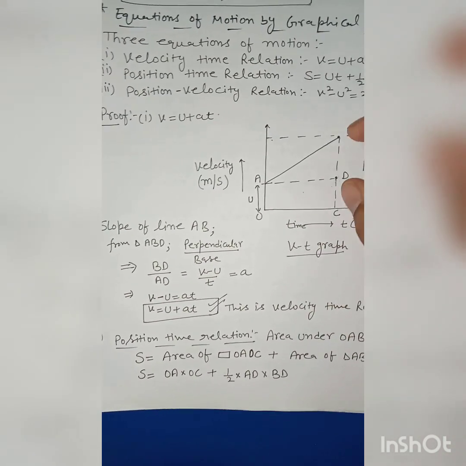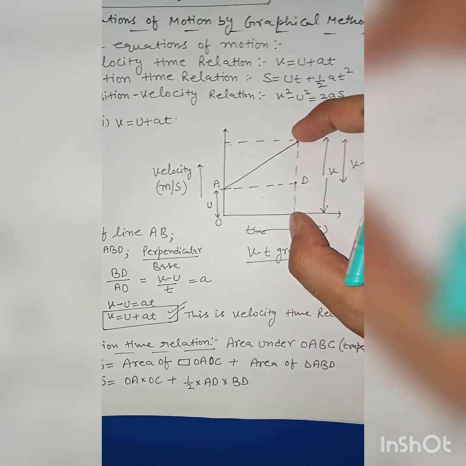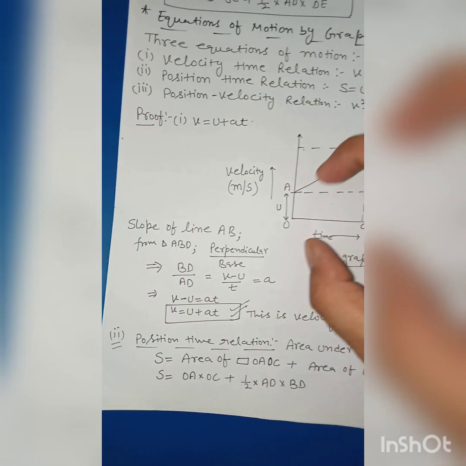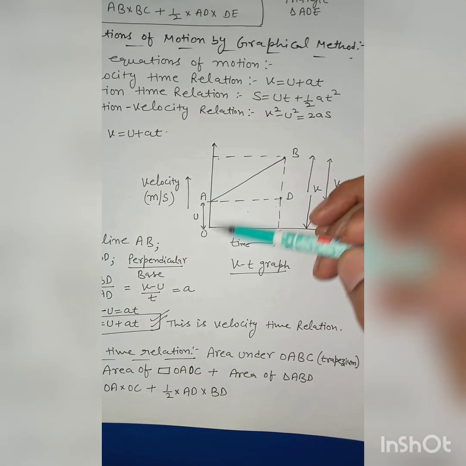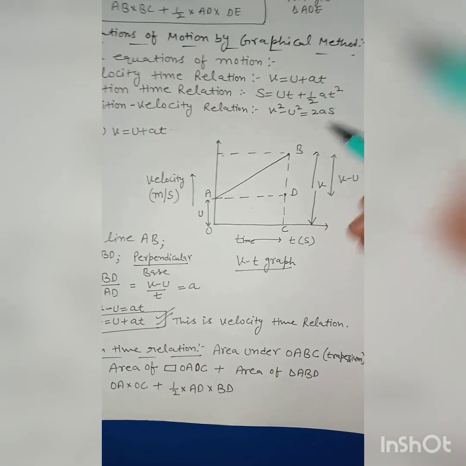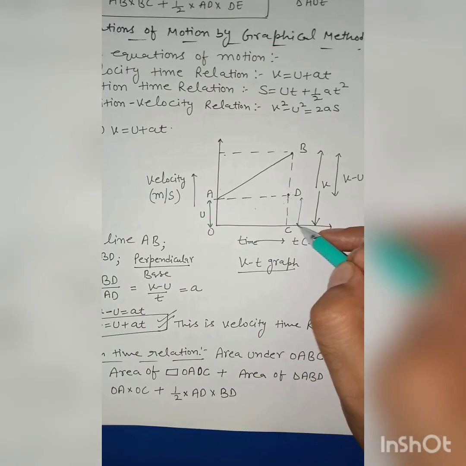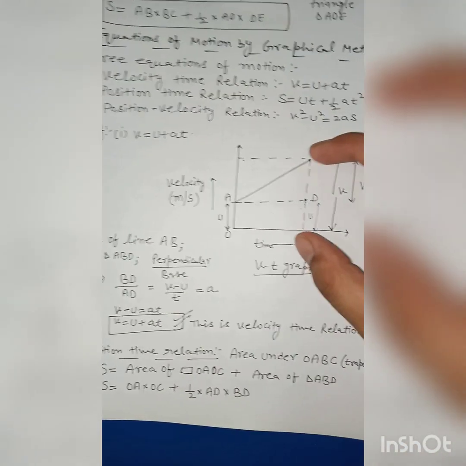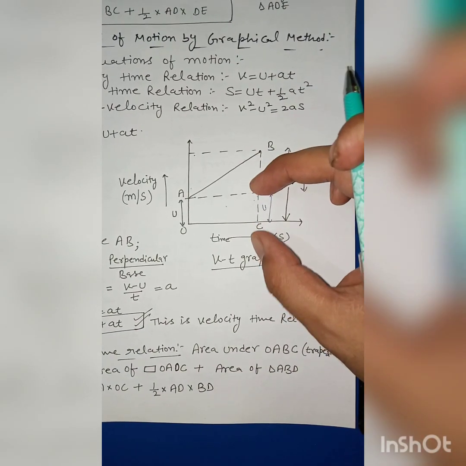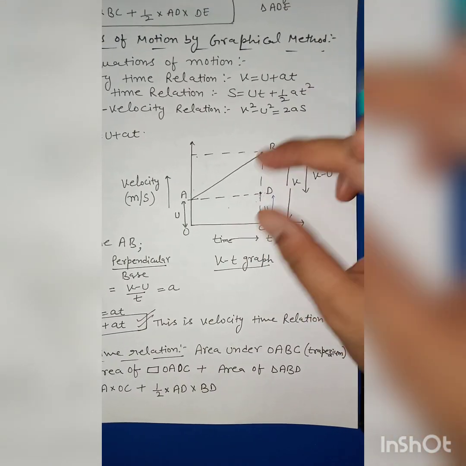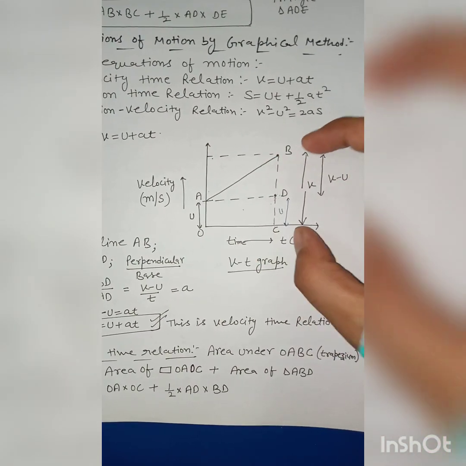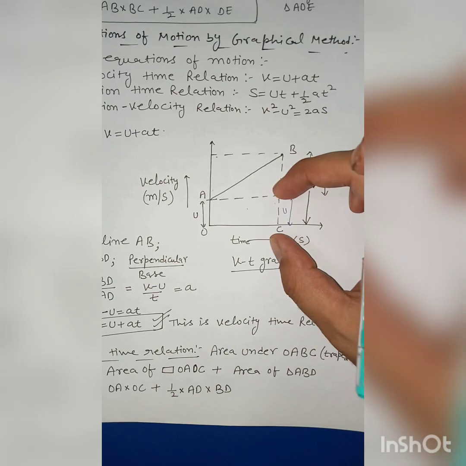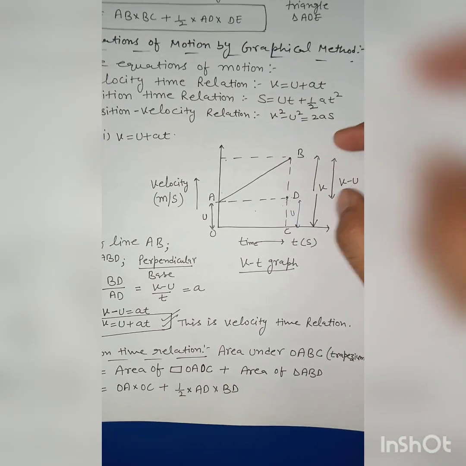What is the value of BD? BC is v, and OA is parallel to CD, that means CD is also u. BD will be BC minus CD, which is v minus u.